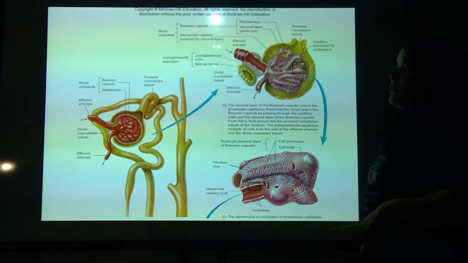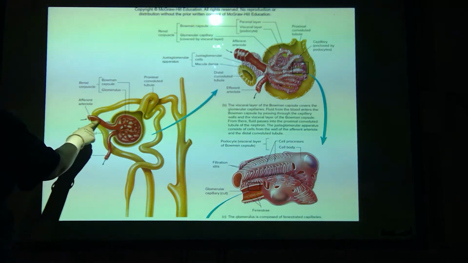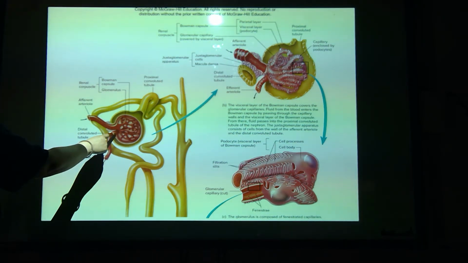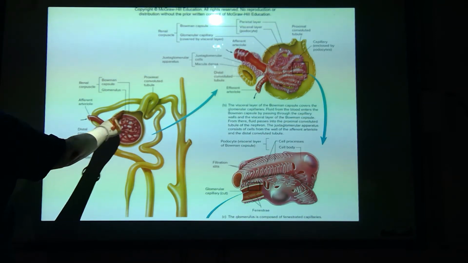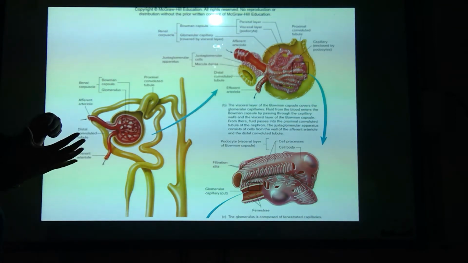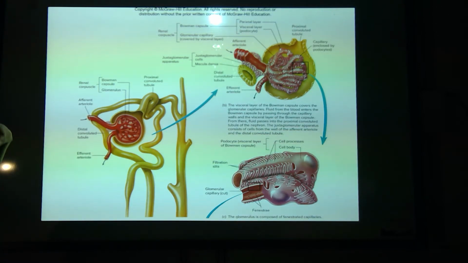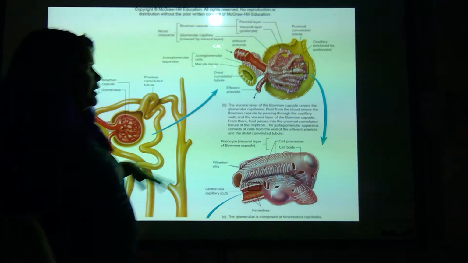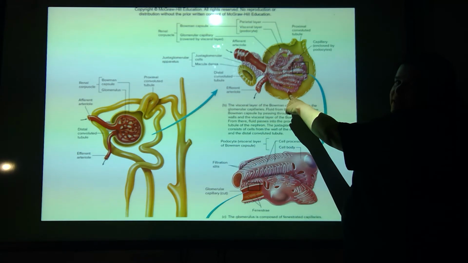Okay, so as I said, we've got that glomerulus, the afferent arteriole, and the efferent arteriole, and in this picture, Bowman's capsule looks like it's just barely covering this up, right? That isn't actually how it works. If you look really closely, this is what it looks like.